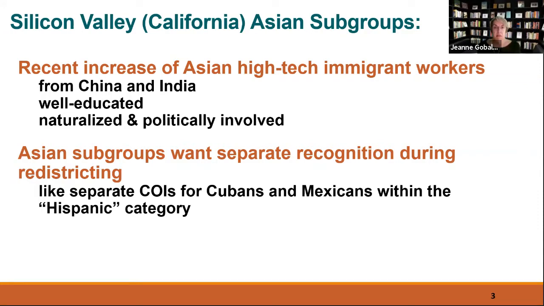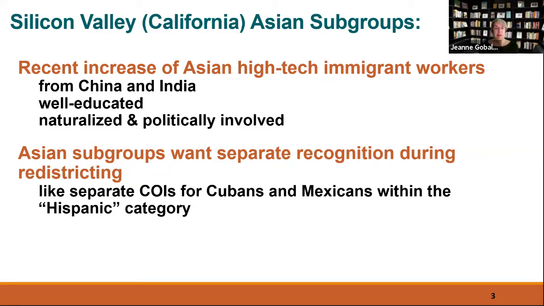Silicon Valley has become increasingly diverse in population over the years. And since 2000 especially, but starting a bit earlier, there was a big increase of Asian high-tech workers immigrating for jobs here. And many of them stayed and were naturalized. Many of them were from China and India, but that's just a tiny bit of the immigration from various parts of the world attracted by the high tech here.